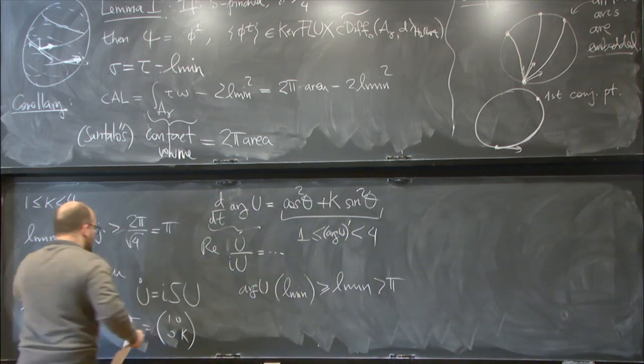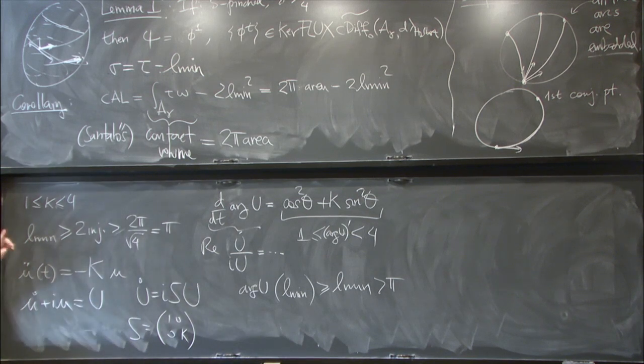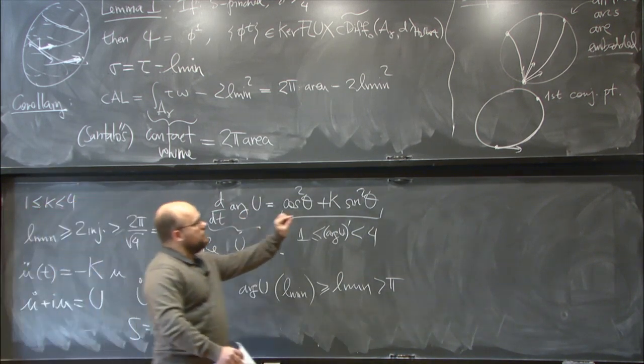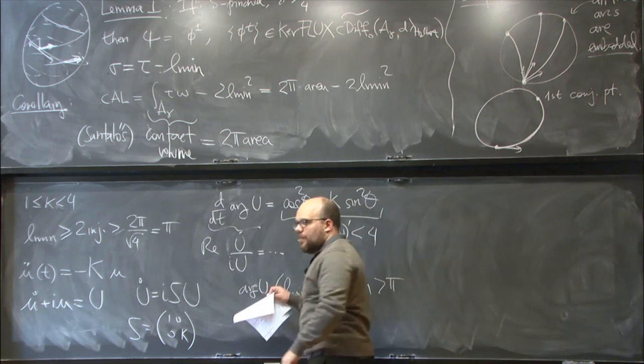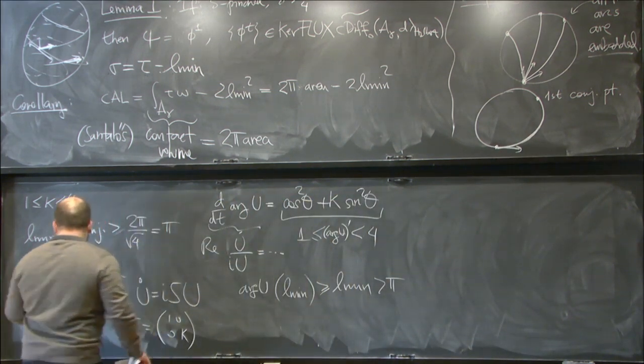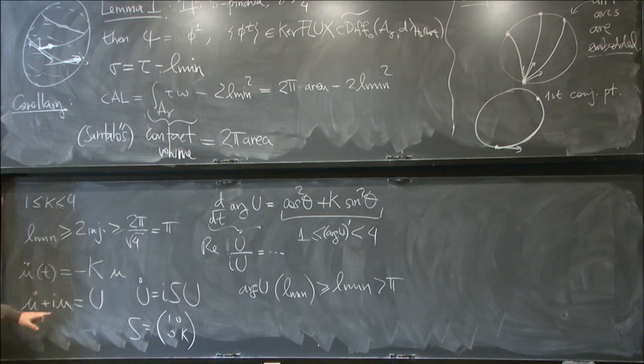So this vector, when you look at this evolution all the way up to here, rotated strictly more than pi, which means that there was a vanishing of the real coordinate. If this rotates more than pi, what happens?